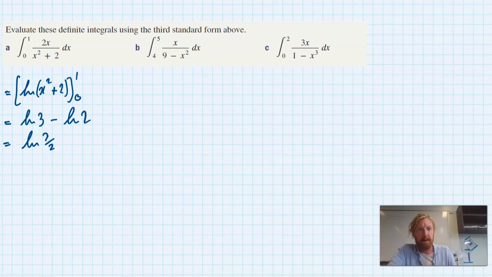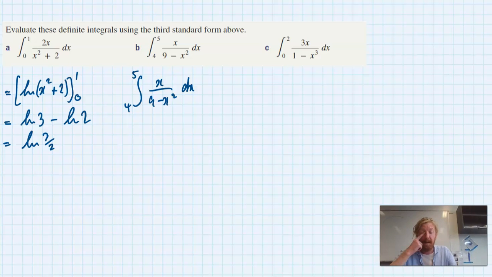Okay. B. Again, I'll leave C for you because it's the same process really, isn't it? Integral of 5 of 4x on 9 minus x squared dx. I want my derivative on top. I'm doing this in one line.